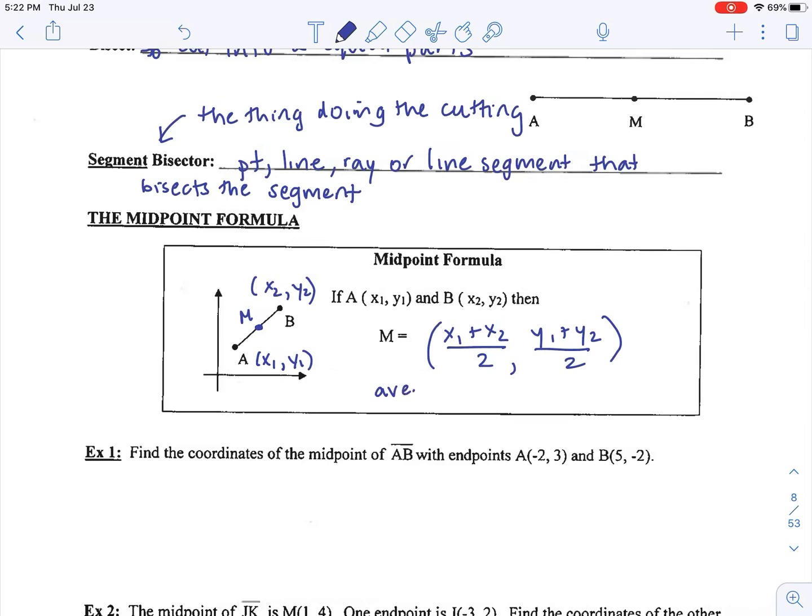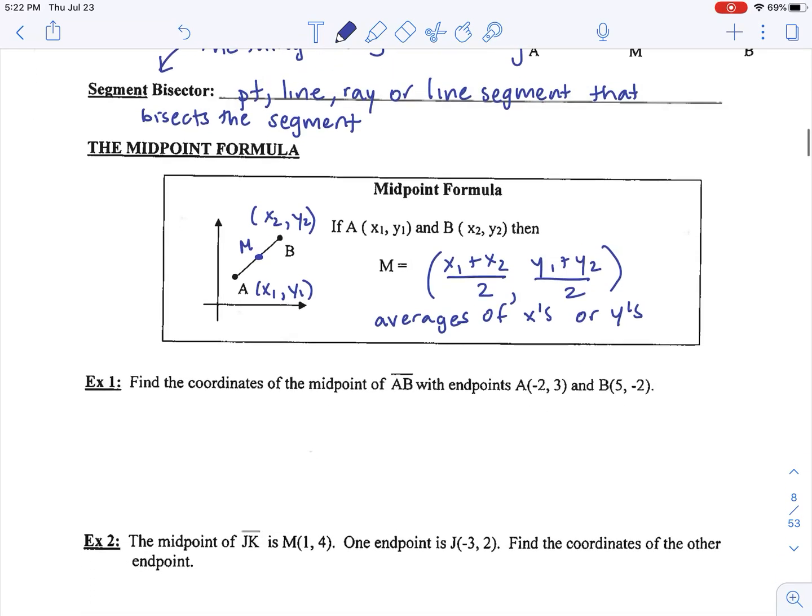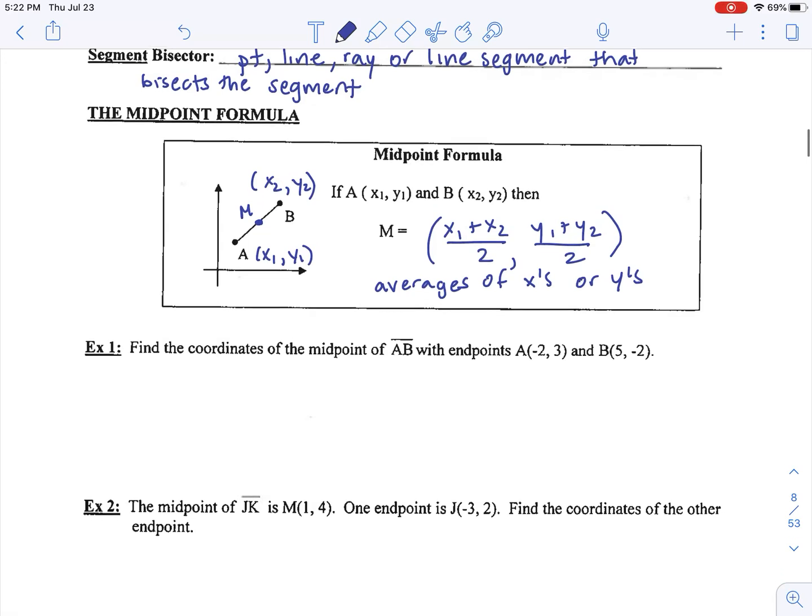And you'll oftentimes hear me refer to this as the averages of your x coordinates or your y's. That simply means that if you find the average of two given numbers, you add the two numbers and divide by 2.